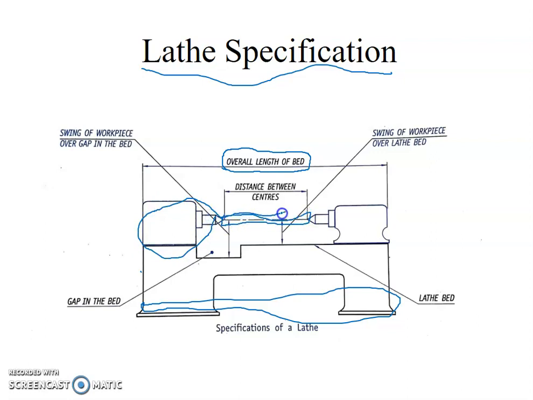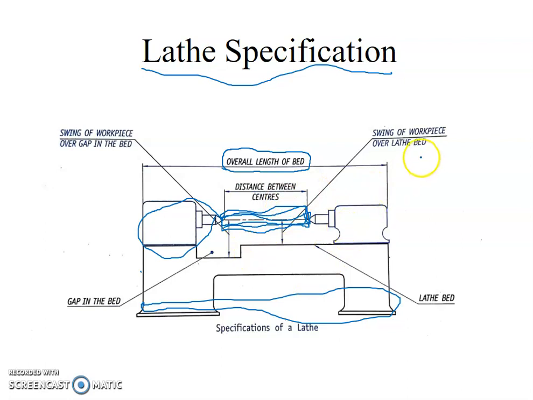This is the tailstock, and it has a center called the dead center. In between these two we can hold the cylindrical workpiece. The maximum length of the workpiece we can hold between these two centers decides the size of the lathe.